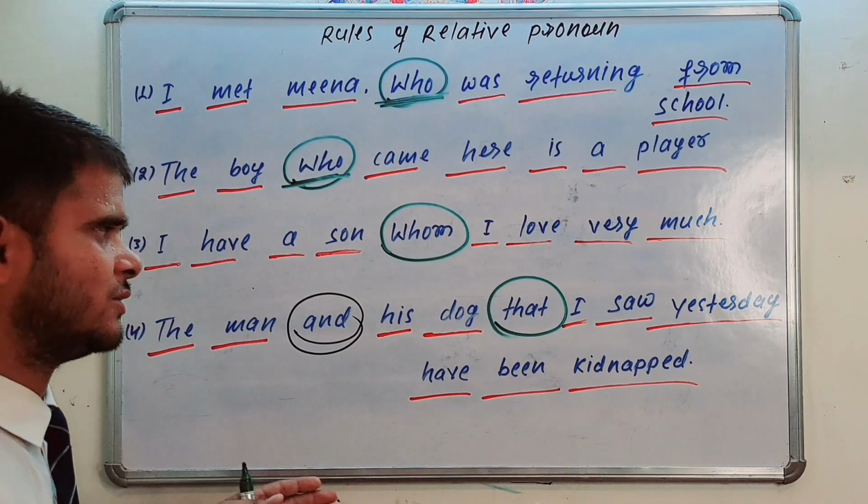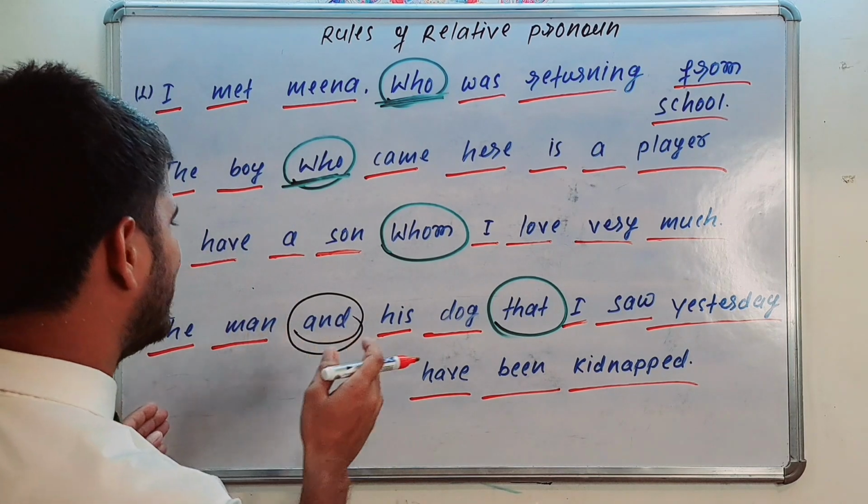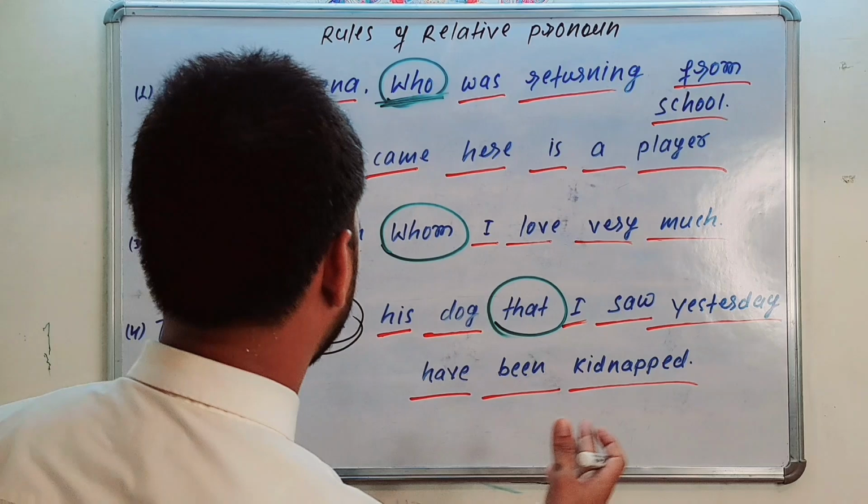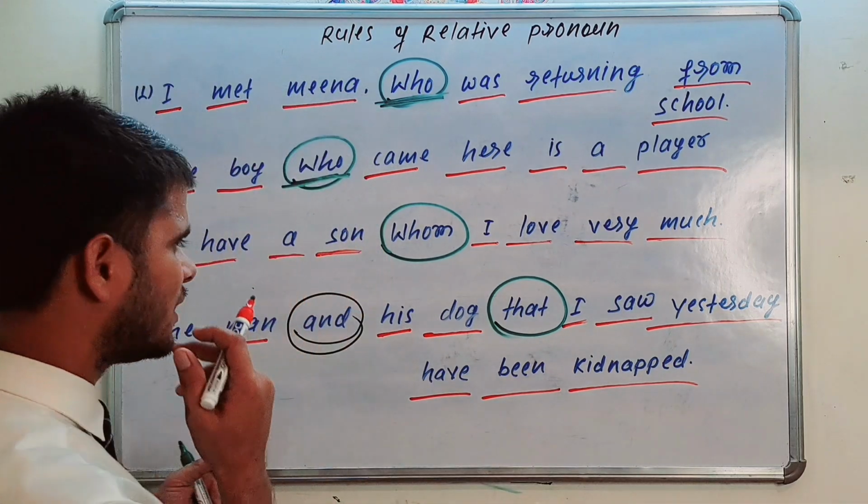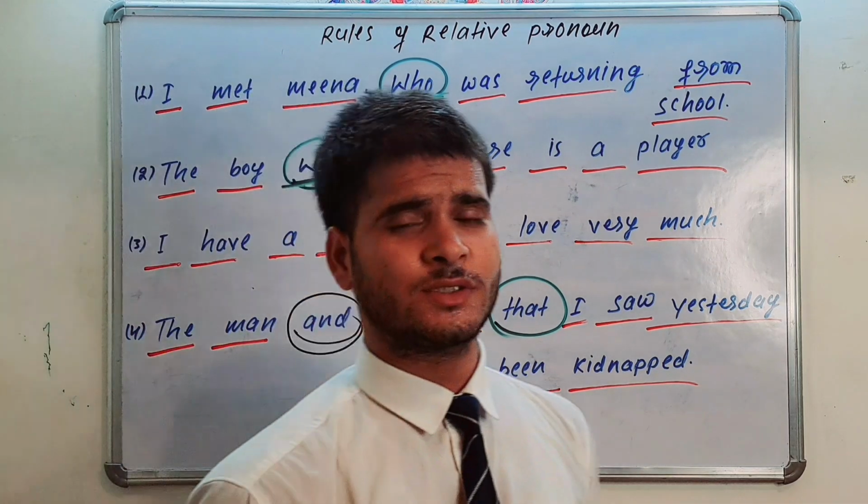So this is the third rule. The man and his dog that I saw yesterday have been kidnapped. Okay, you got the third rule.